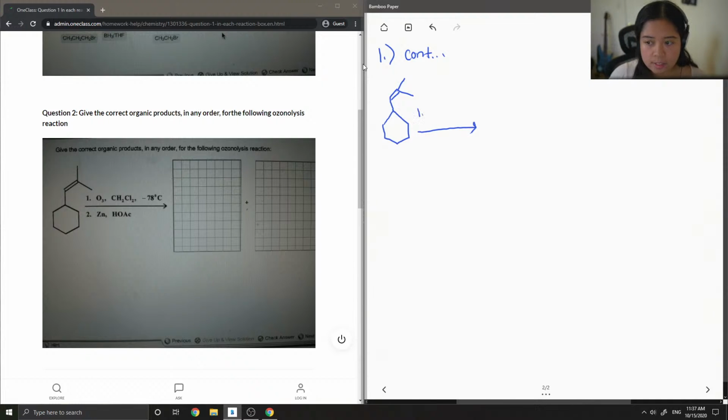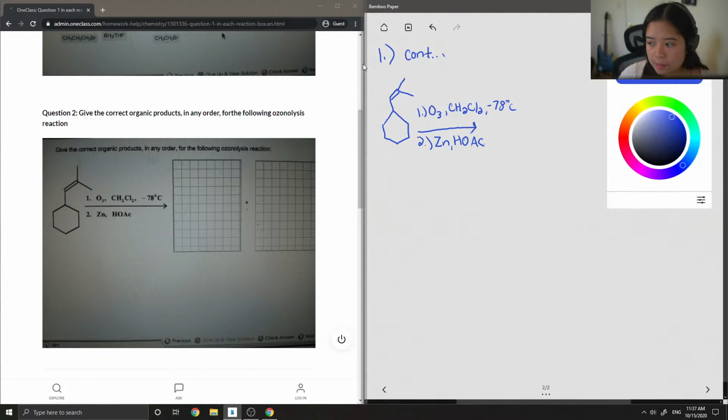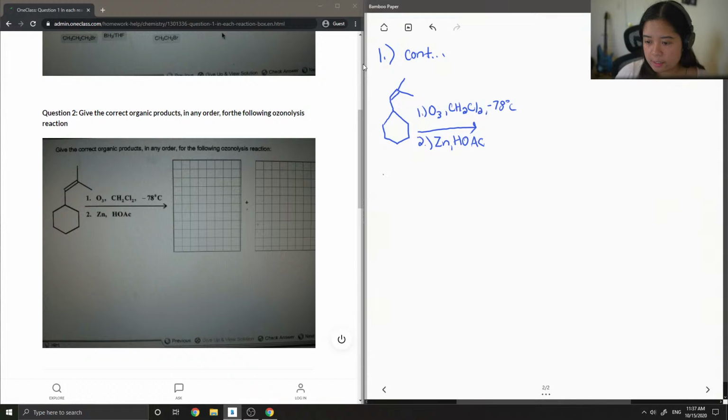And with these conditions, this is known as an ozonolysis reaction. Okay, so let me write down what the ozonolysis reaction is. Basically, this reaction produces carbonyl compounds.